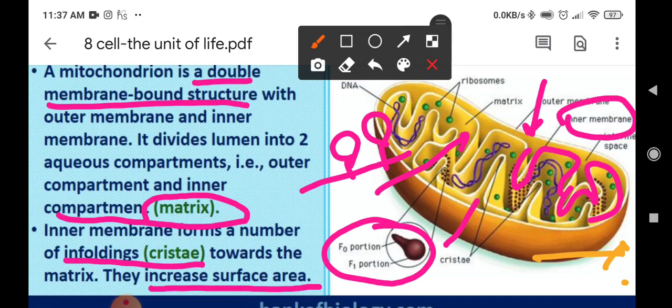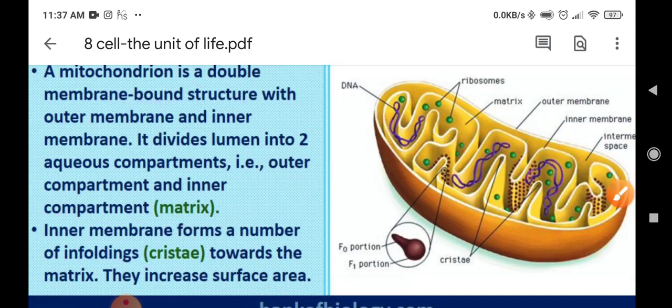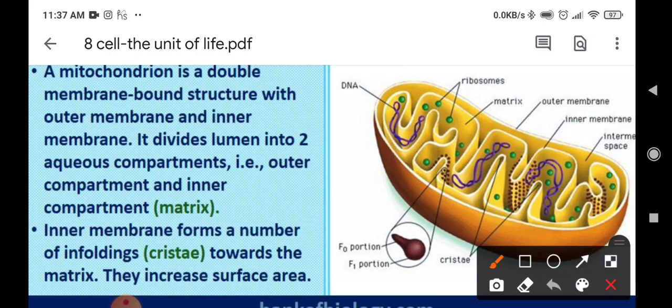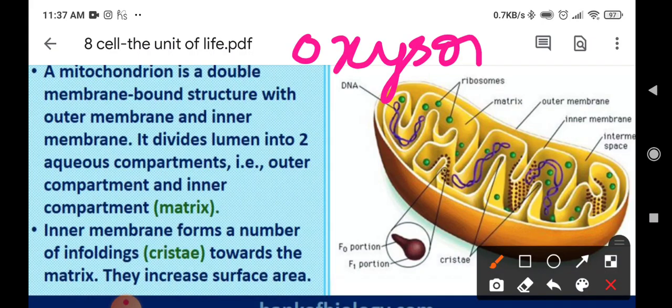Just imagine the inner surface is filled with a large number of F0 F1 particles, and each F0 F1 particle is also known as an oxysome. So F0 F1 particles and oxysomes are the same.